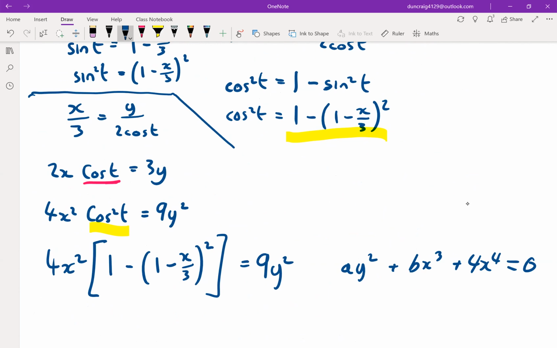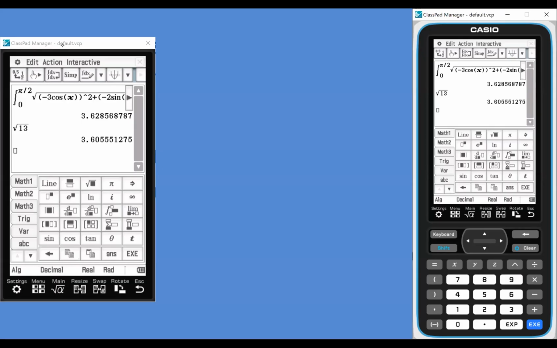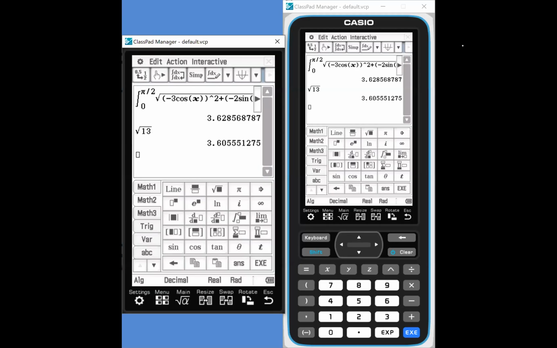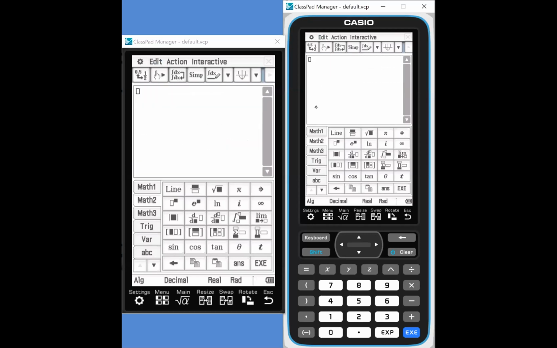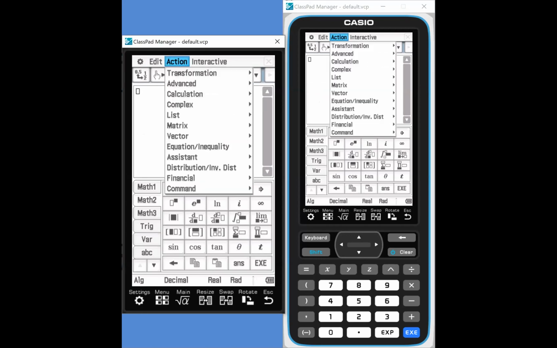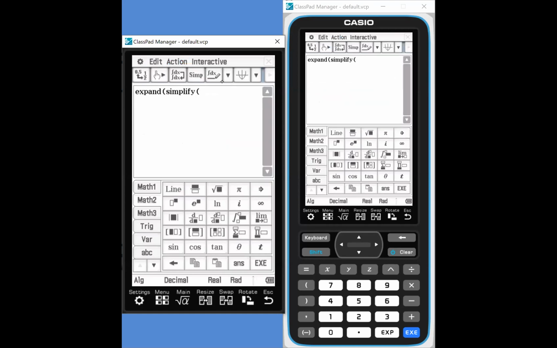Alrighty, so I'm just going to go to my ClassPad now. I'm going to go to new share, get my ClassPad, and now I'm going to take that left-hand side of the equation that I had previously and simplify it. So I'm going to go action, transformation. I want to expand, and then I want to simplify. Alrighty, what did we have?